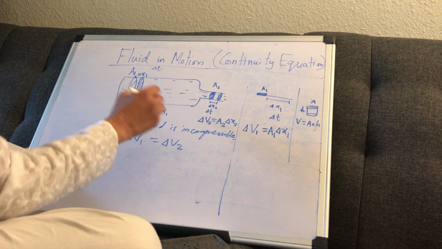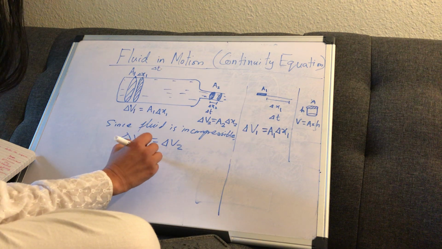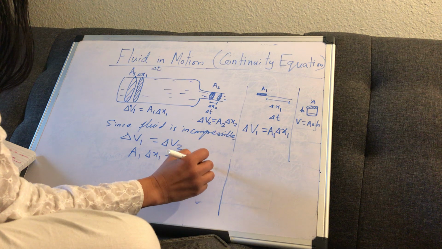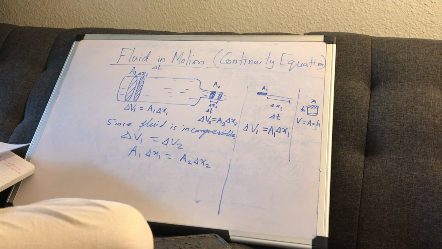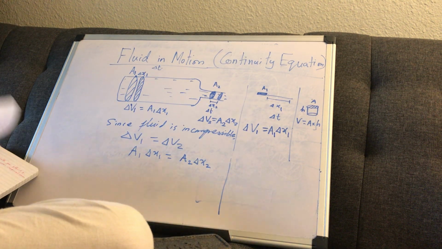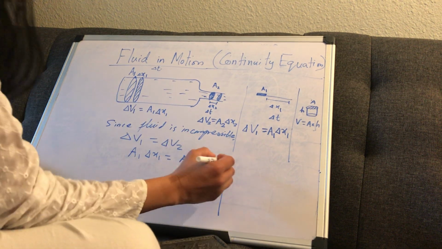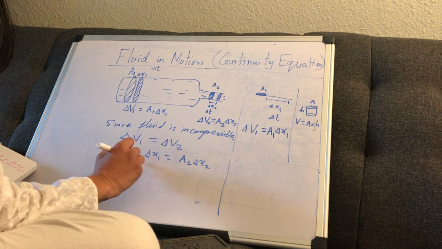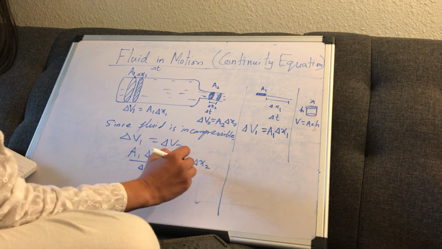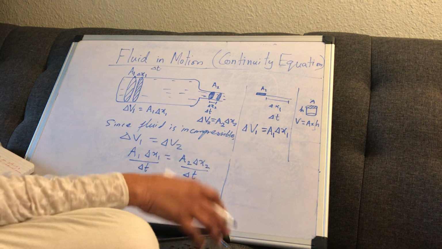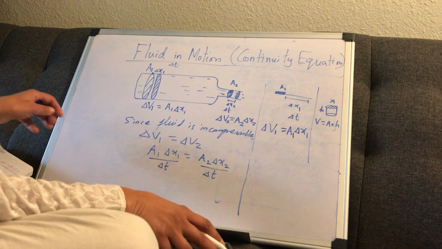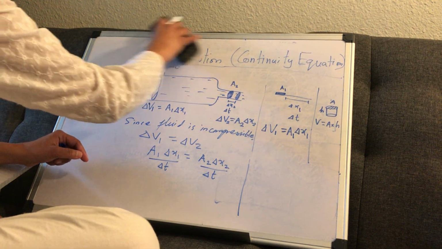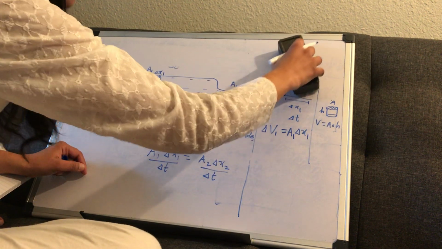So when we do that, we just substitute: A1 delta x1 must be equal to A2 delta x2. Now let's divide this equation by the time interval delta t. We can do that on both sides. I'm going to write this down up here, so I'm just going to erase this and this part as well.